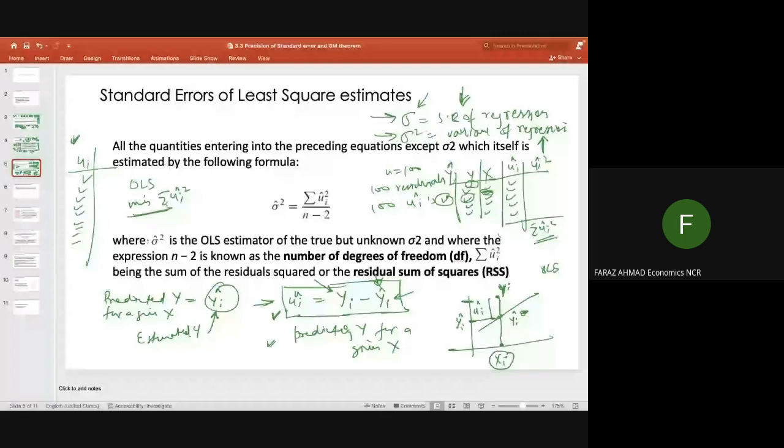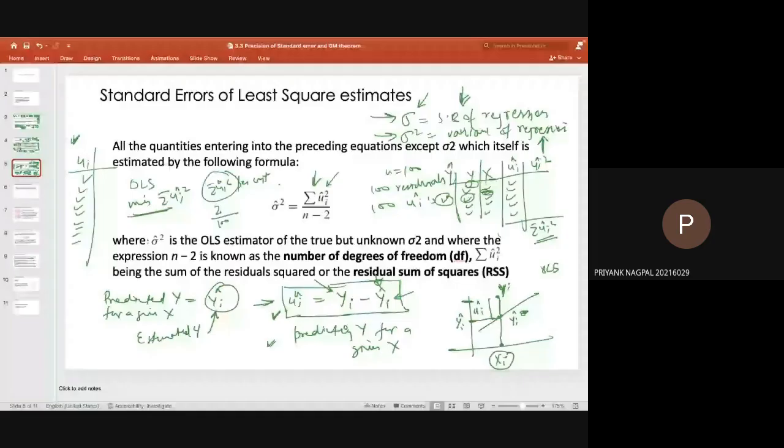The same quantity, if you take it per unit, summation ui hat squared per unit, right? This is a number for the entire sample. So how much is it per unit sample?